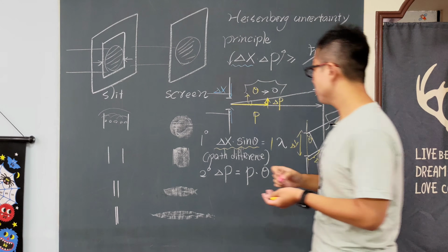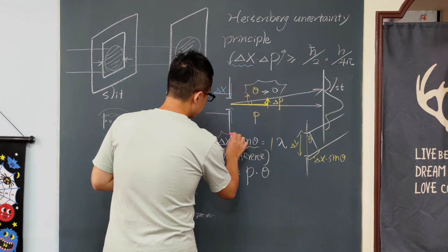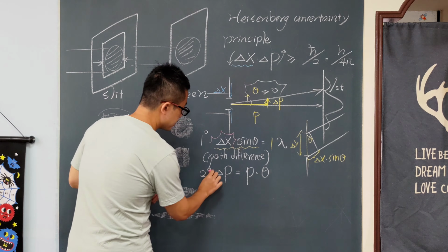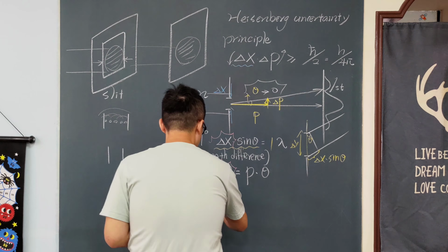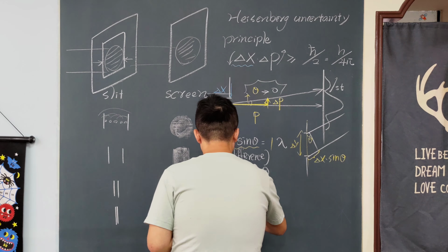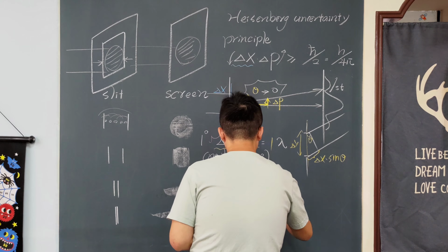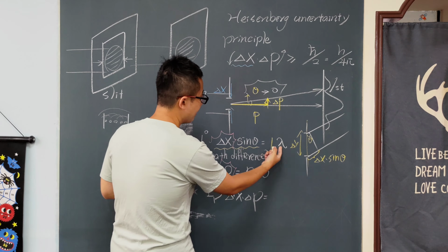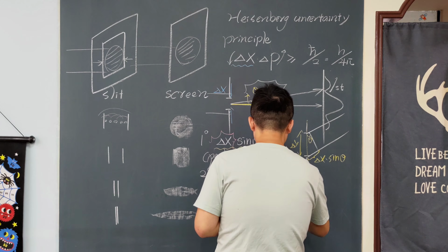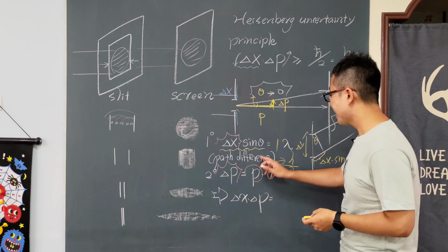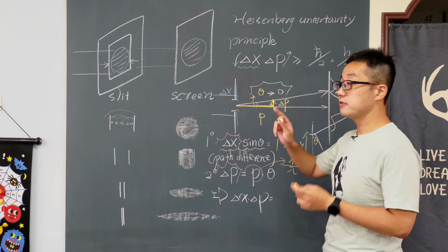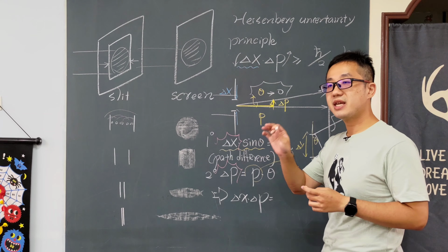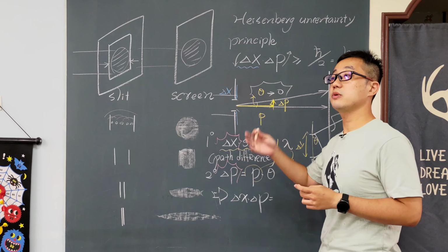Okay, now we got two quantities, the uncertainty in position and the uncertainty in momentum, and we take delta x times delta p. The delta x is lambda divided by sine theta, and just like I said, when the theta is really small, sine is equal to tangent and also equal to theta.